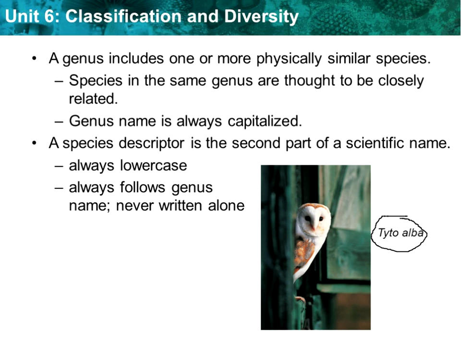Yep, Tyto is the genus, alba is the species. Genus is first, it's capitalized. Alba is the species, which is always lowercase and written second. Good job.